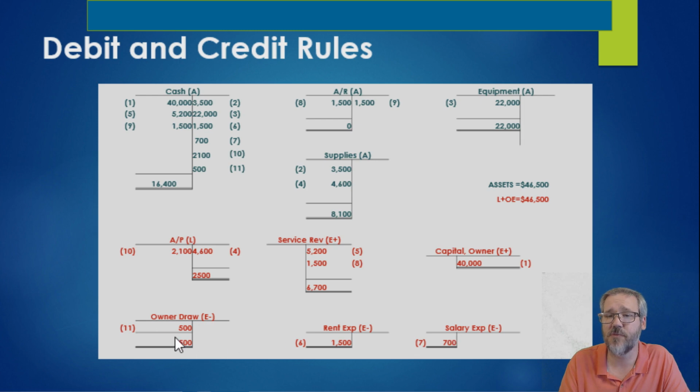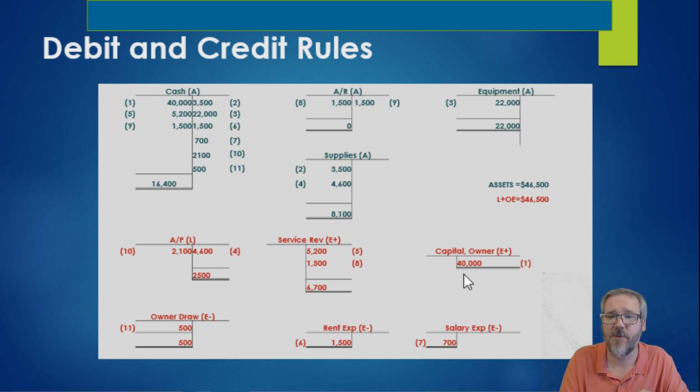Notice down here, these are my decreases. My owner drawing, my dividends, and my expenses. These work to reduce owner's equity. So when my owner took $500 out, he reduced owner's equity by $500. When I paid rent for $1,500, I reduced owner's equity by $1,500. When I paid salaries of $700, I reduced owner's equity by $700.